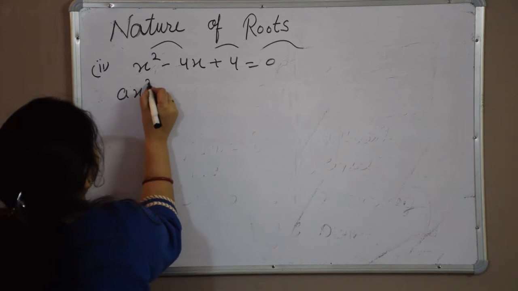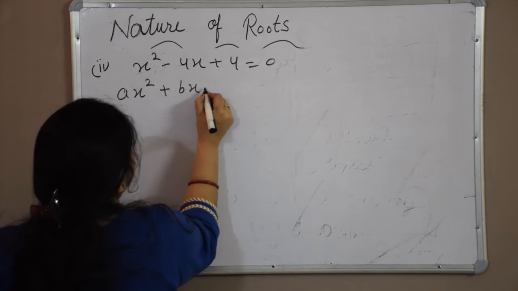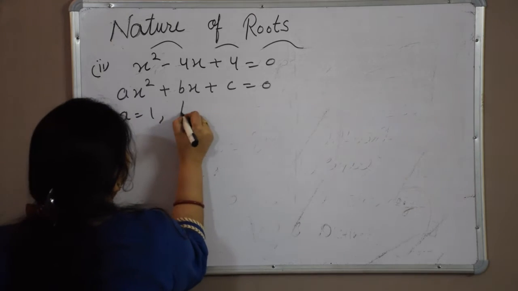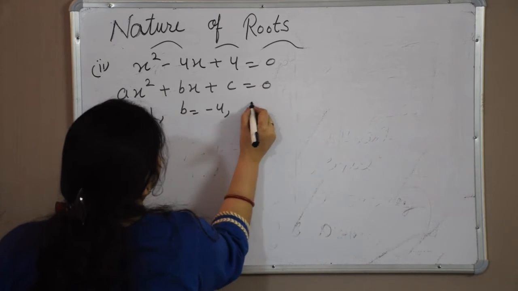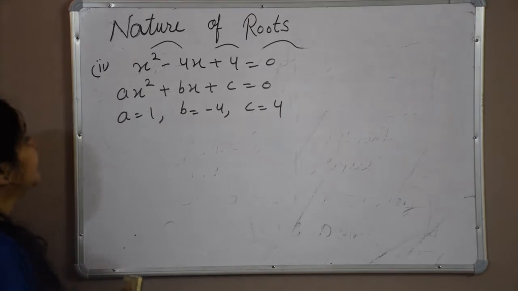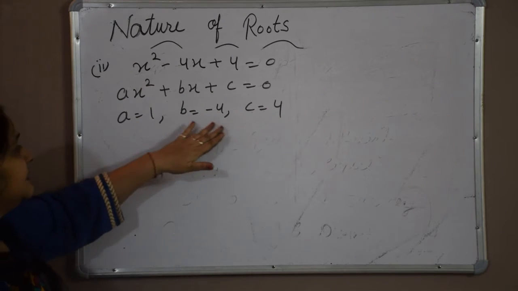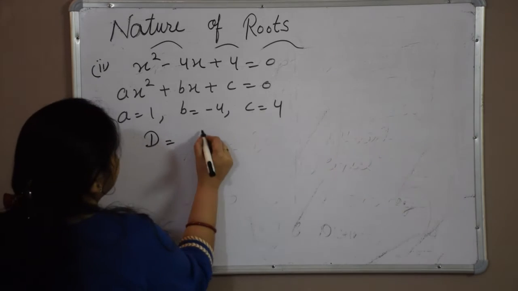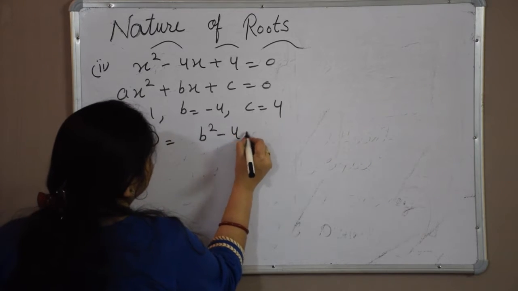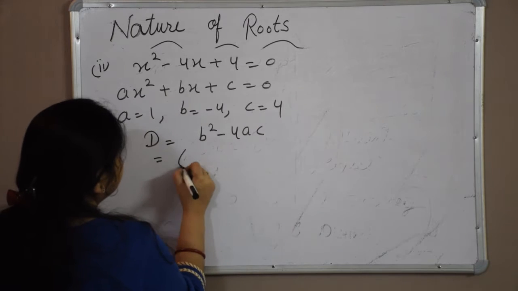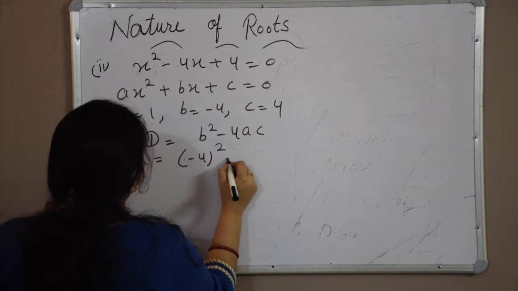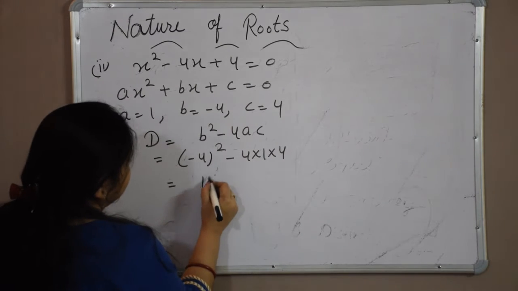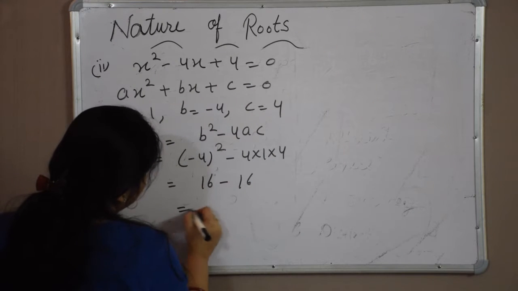Compare it with the standard ax square plus bx plus c equal to 0. We got a is equal to 1, b is equal to minus 4, c is equal to 4. Now we will find D. D is equal to b square minus 4ac, that is minus 4 square minus 4 into 1 into 4, that is 16 minus 16 equal to 0.